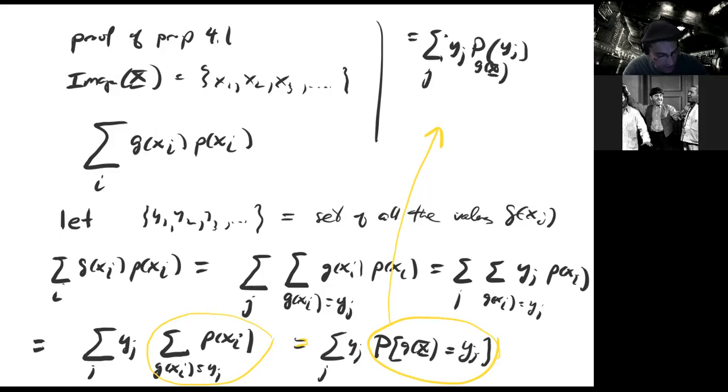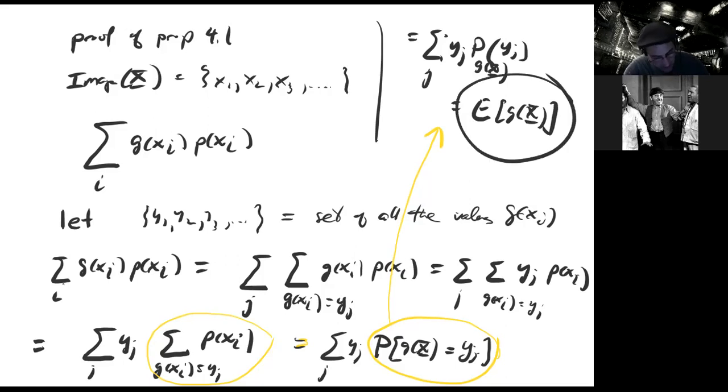And that's by definition what the expected value of g of X is. Okay, so that's a sketch of the argument. The proof is over, and if you didn't understand it, it's okay. It's not the end of the world.